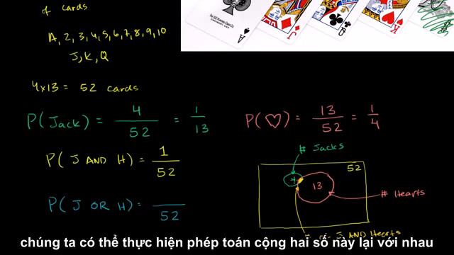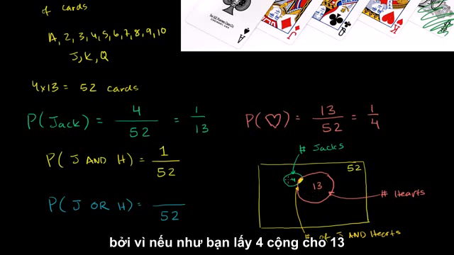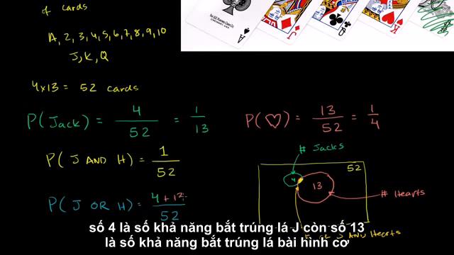So you might want to say, well, why don't we add up the green and the orange? But if you did that, you would be double counting. Because if you did 4 plus 13, what are we saying? We're saying that there are 4 jacks, and we are saying that there are 13 hearts.